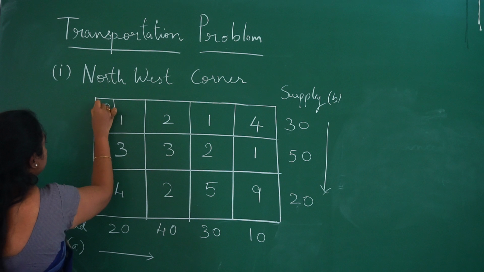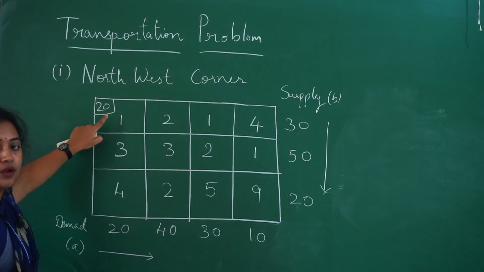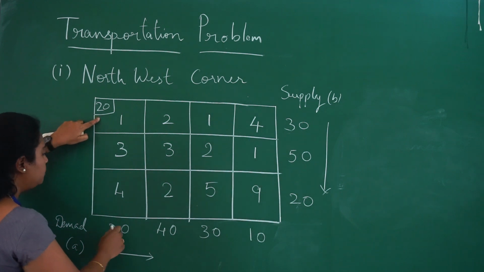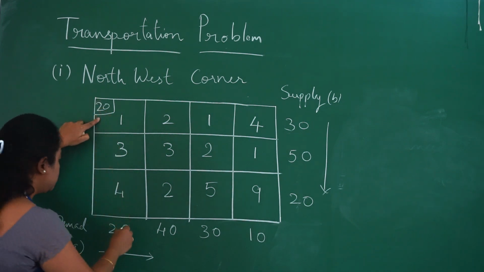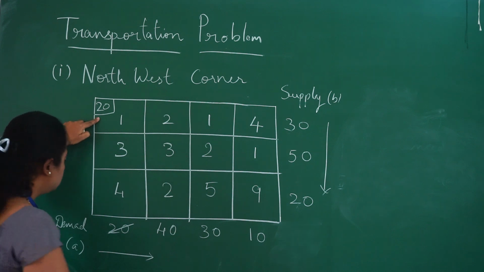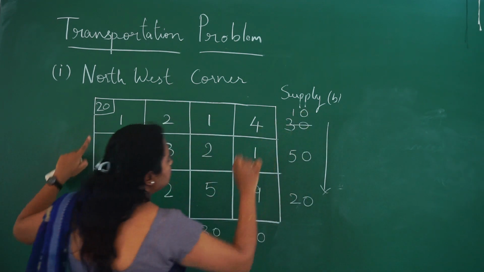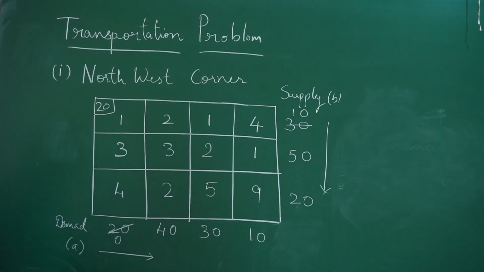Always your allocation should be made here, to the corner of your cell, so this will not confuse you. Now since you have made the allocation, you have to remove this 20. So the 0 will remain here, and here you still have 10 products to supply. You have sent only 20 to that particular cell.